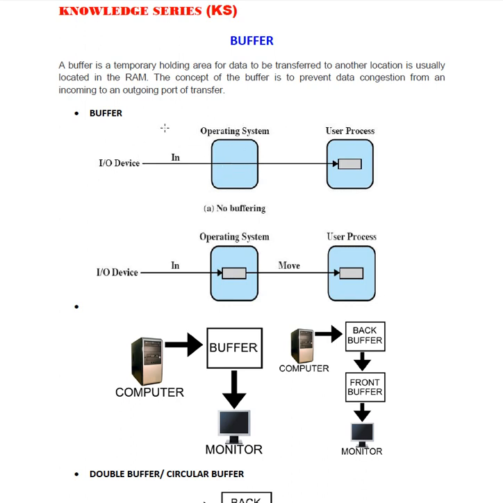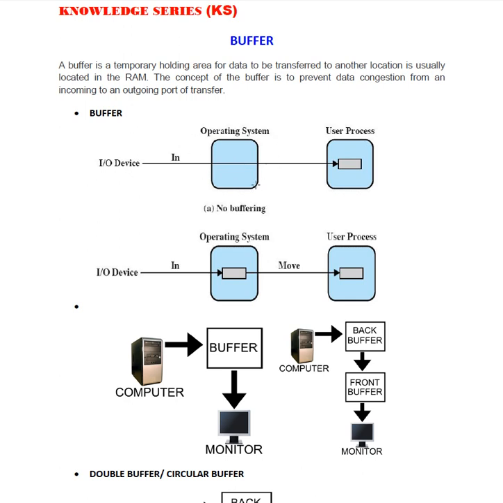It's a temporary holding of data. If data wants to be sent to or received from an external device, the buffer is the point where a certain amount of data is stored, so that the CPU will not be directly interacting with the user.